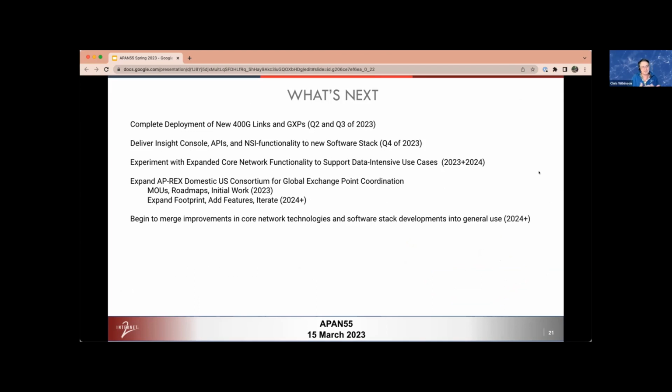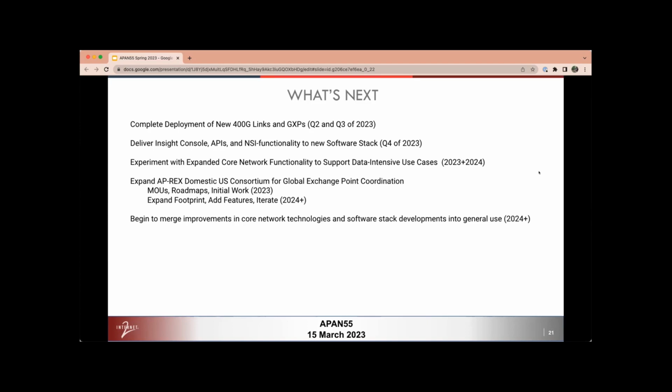So what's next as far as the Internet 2 platform goes? We've got to complete our development of the 400 gig that we have in the pipeline. That's sort of quarter 3 of this year. We've got to deliver our software features, which includes Insight Console and the underlying APIs. That will come fully online for both the domestic and the international platform targeted at the end of the year.